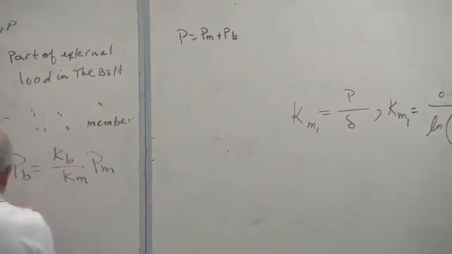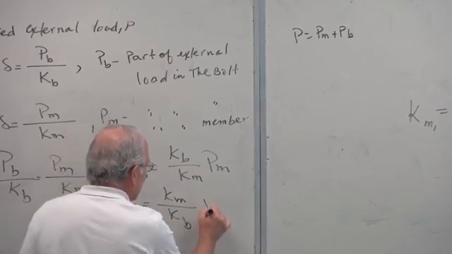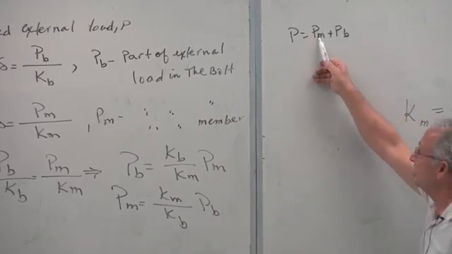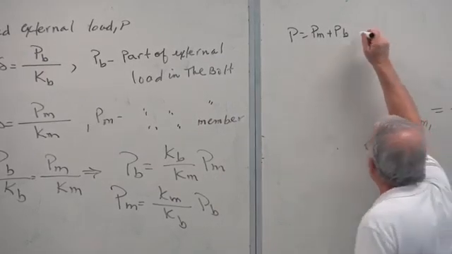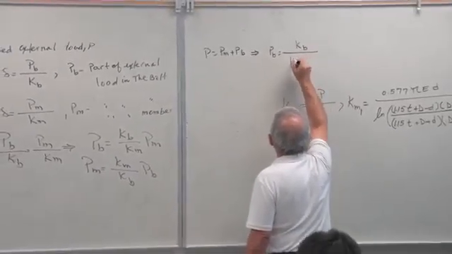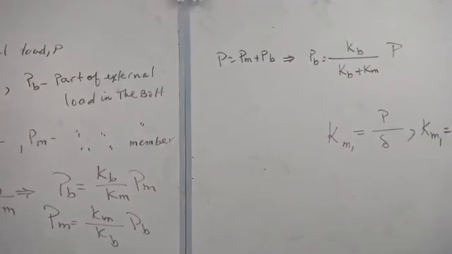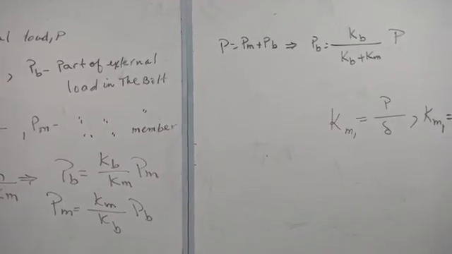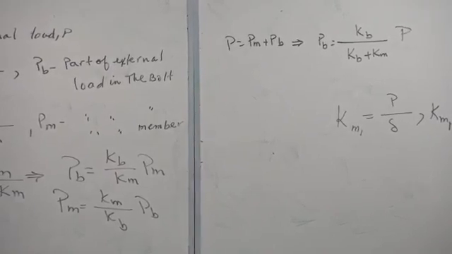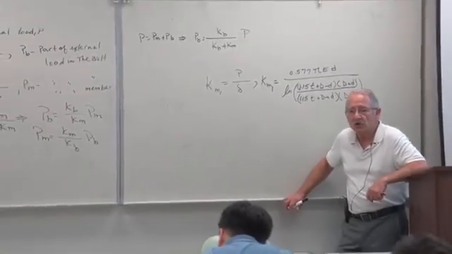PM equals Km over KB times PB. Substitute for PM over here and find PB in terms of the applied external load. It turns out to be like this. That's the part of the externally applied load that is taken up by the bolt. The rest of it goes into the member, into relieving the compression of the member.